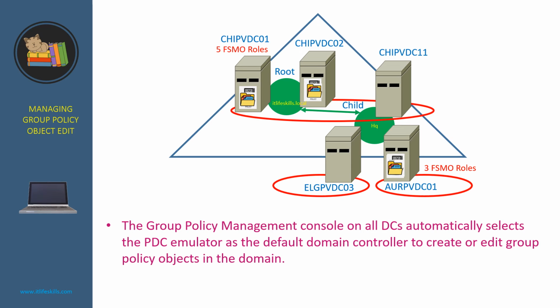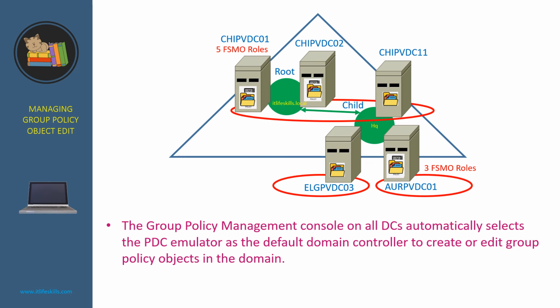When a policy is created by Group Policy Management Console, the change will happen on OPVDC01 and its group policy templates will be replicated to LHPVDC03 and GPVDC11 by the distributed file system replication.